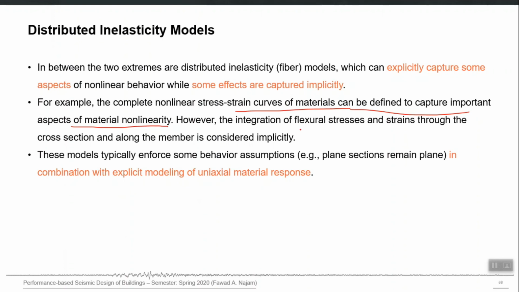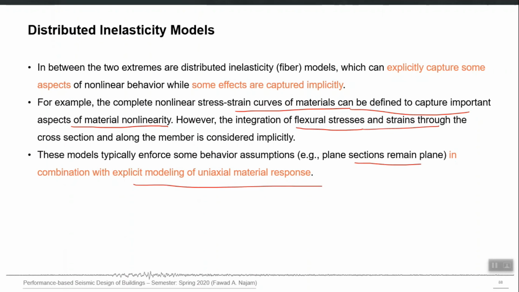But the integration of flexural stresses and strains, the cross-section level stress resultants, can be implicitly accounted for in this kind of approach. So they are based on some behavioral assumptions like plane sections remain plane in combination with explicit modeling of uniaxial material response.